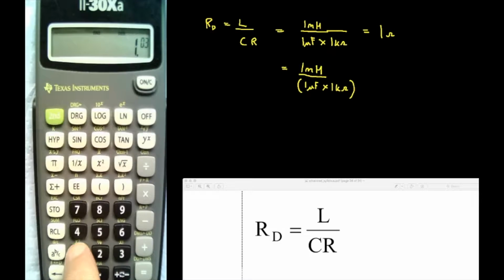Divide 1 EE3 equals, and you've got 1 again. If you think about what you're doing there, you're saying 1 millihenry is divided by 1 microfarad and then divided again by 1 kiloohm. It's the same as saying 1 millihenry divided by the product of 1 microfarad times 1 kiloohm. Now I hope I haven't muddied the waters too much here. I suppose this just illustrates there are many different ways of doing it and achieving the same result.